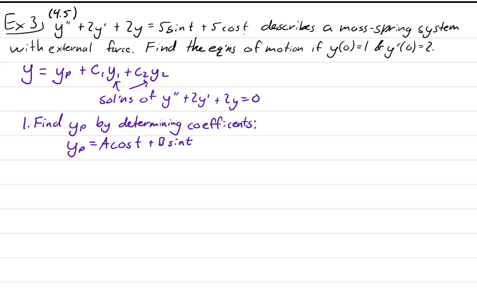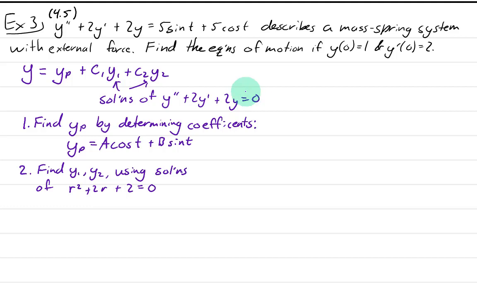Then after you've got that, we're going to have to find our solutions of the homogeneous equation. To do that, you want to use the auxiliary equation. You're going to find the values of r that make r squared plus 2r plus 2 equals 0, because we're again finding solutions of the homogeneous equation.